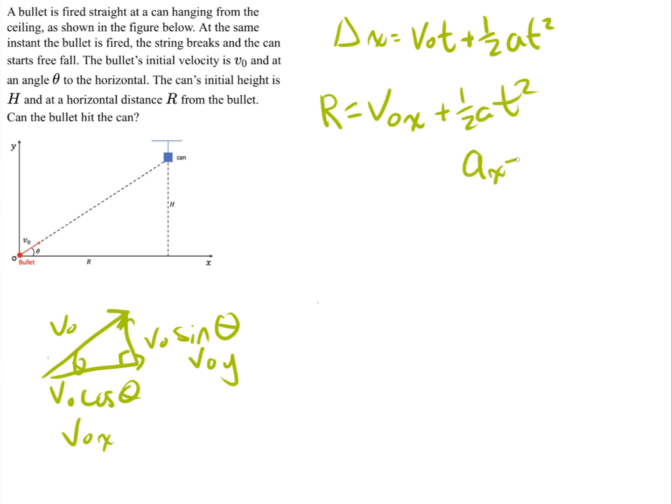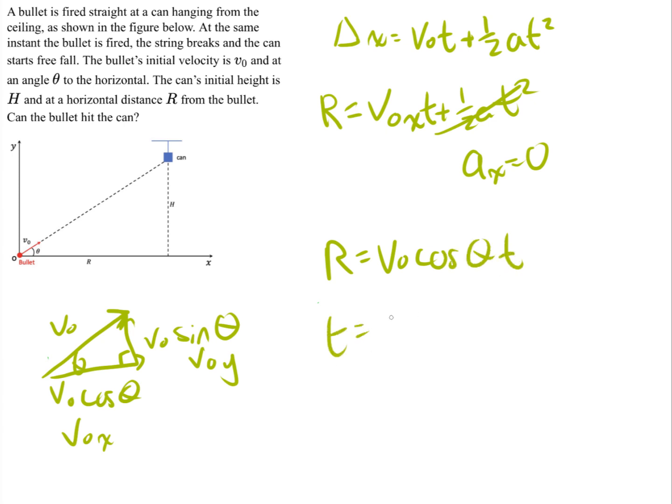But there is no acceleration in the x direction, so this part can be omitted. Oh, sorry, I forgot t, the time interval here. So r is equal to the initial velocity times the cosine of theta times the time interval.